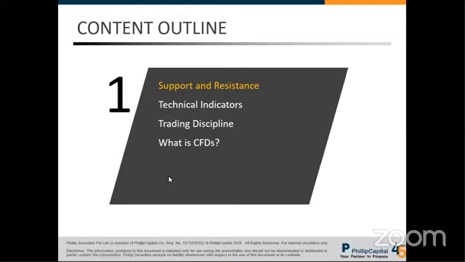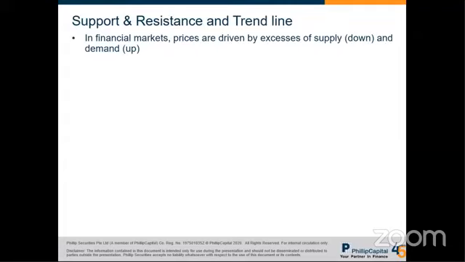So what we'll be covering today: support and resistance in technical indicators, trading discipline, and what is CFD. When we talk about support and resistance, this is mainly for trading. When we want to enter into a trade, we need to understand that all this daily price movement is driven by supply and demand.